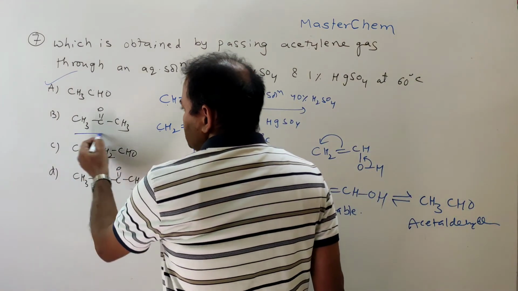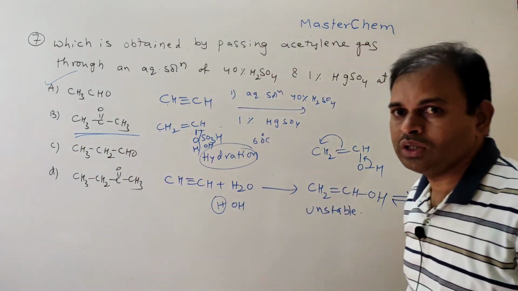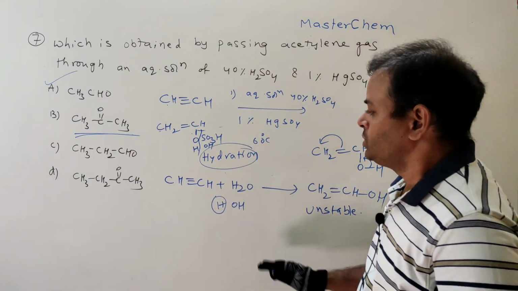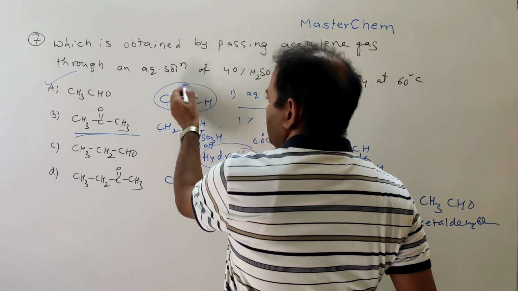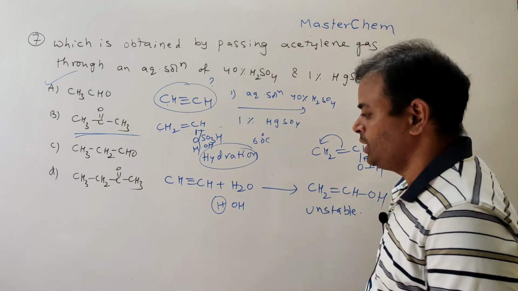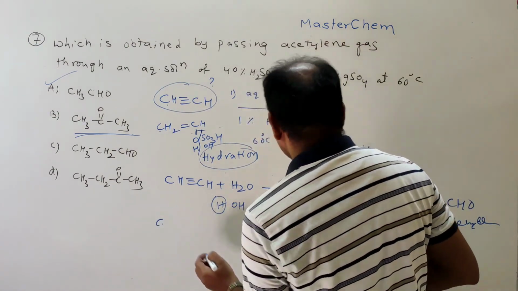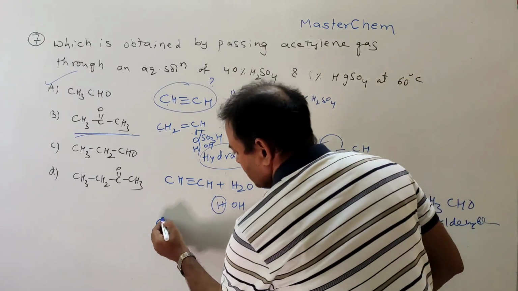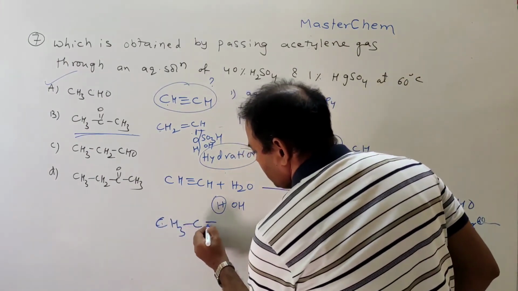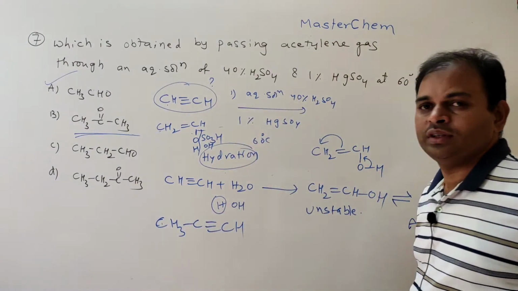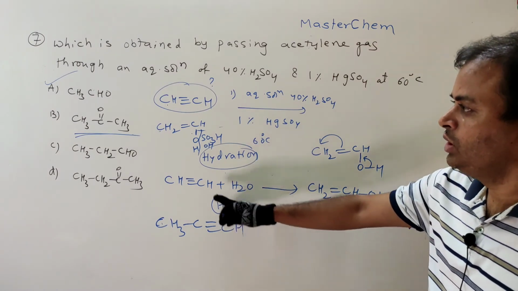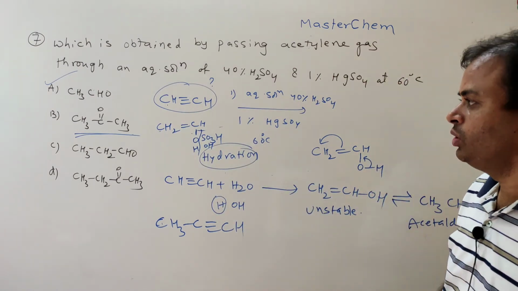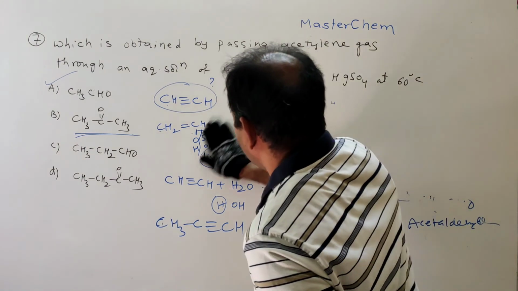So when is CH3COCH3 possible? Okay, so what should we take here in place of acetylene? So that is CH3C≡CH. That gives acetone. Okay, so what is our conclusion?